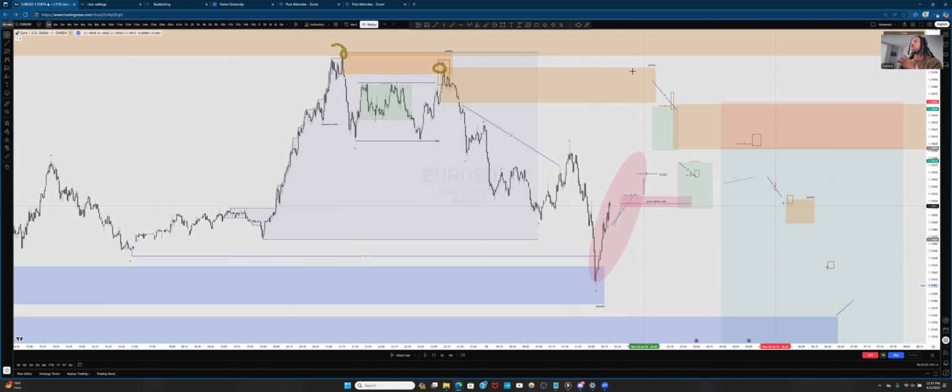So I'm watching. If this supply fails, I know that this was to come induce higher. And if this supply gets respected, I know that I could take a sell, because this mitigated, this mitigated, this mitigated. And now if this gets mitigated, there's no way price is going to continue back up to take all three of these supplies. So now I have a better understanding of what I'm waiting for.